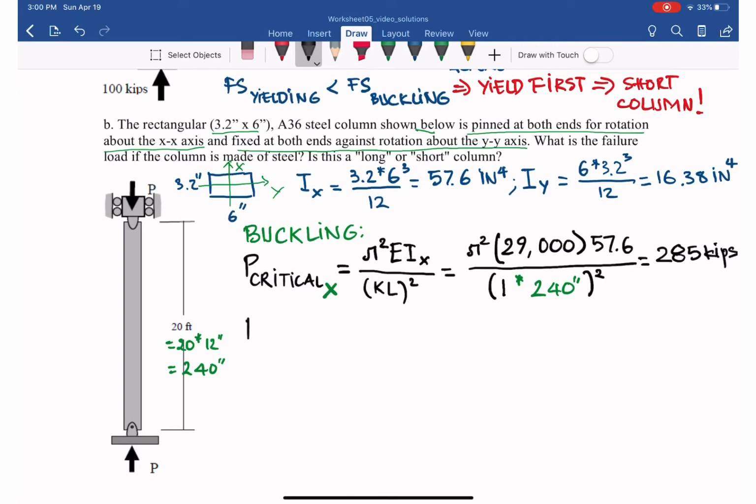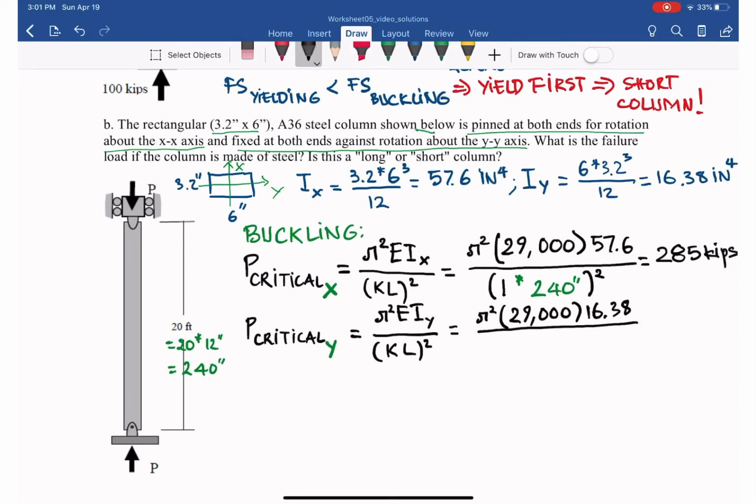Similarly, what is the failure load for buckling about the y-axis? The critical load in the y-axis equals pi squared E Iy over KL squared, with the same material steel, Iy equals 16.38 inches to the 4.